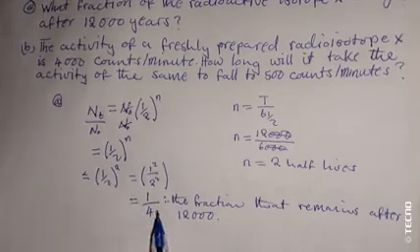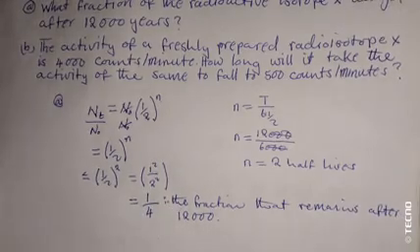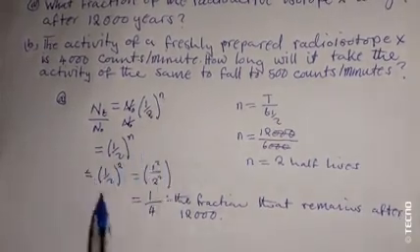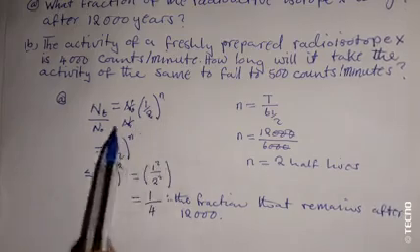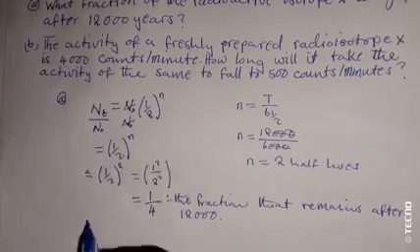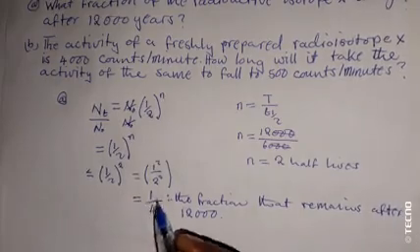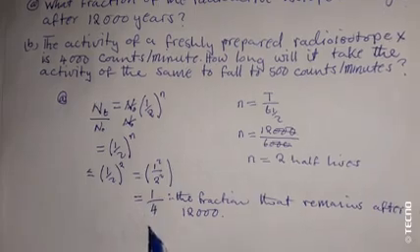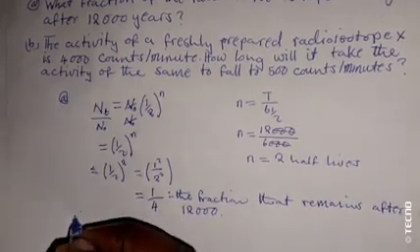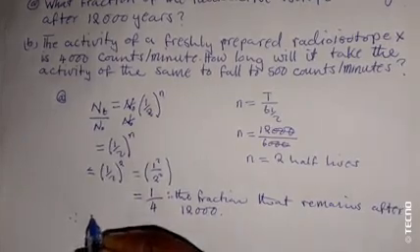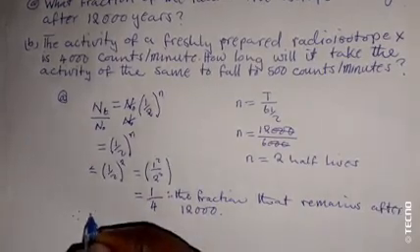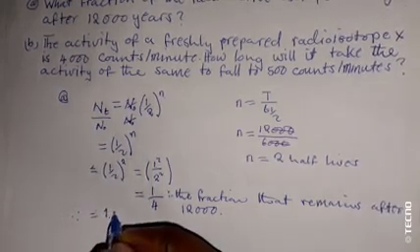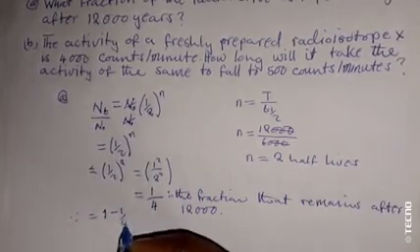Now, we know that the total fraction of all these counts is equal to 1. So we will just subtract 1/4 from 1. Here the total is 1, so we say 1 take away 1/4.